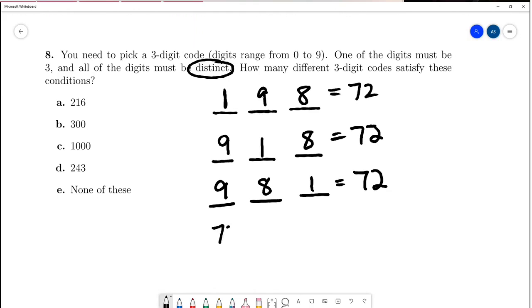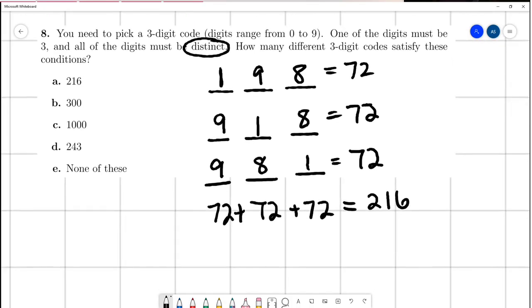We'll add up all of these possibilities, and we get 216. Is that right? Yeah, 216. Now there is another way to do this.